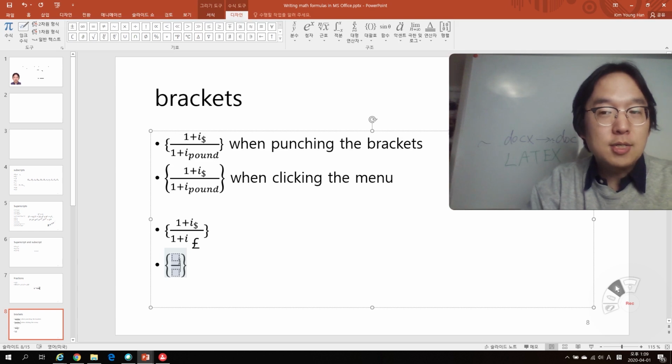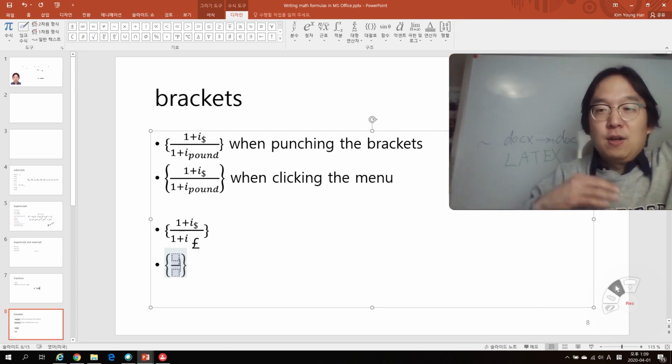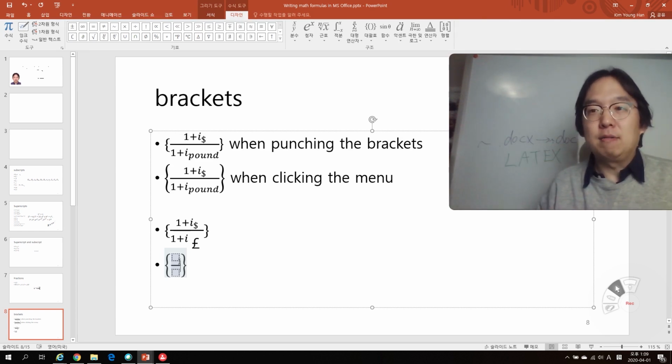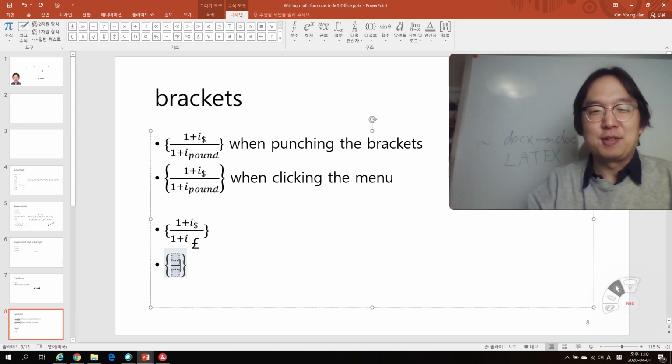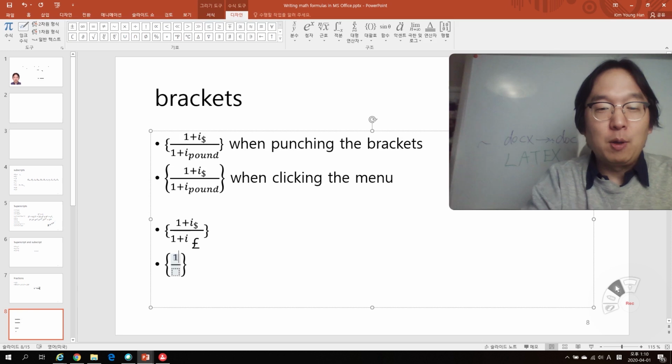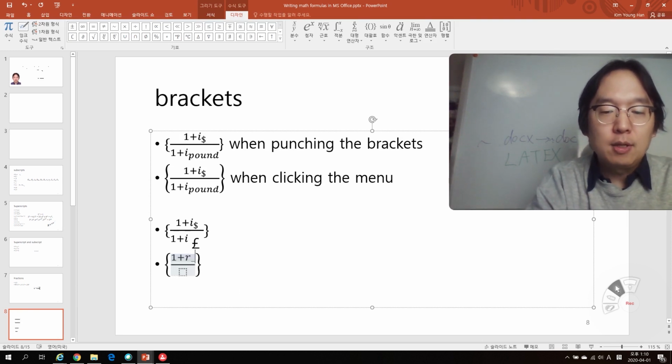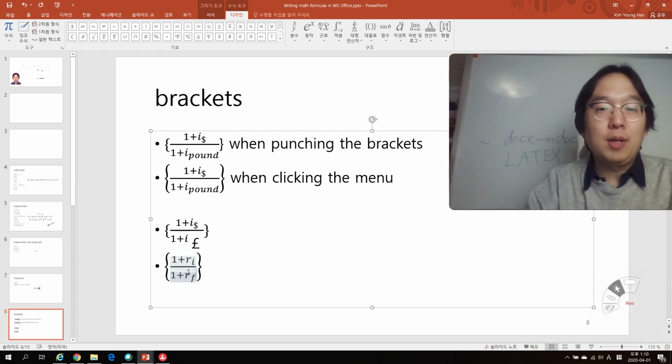And notice the height of this bracket increased from here to here, like this, right? So 1 plus, I don't know, R, okay, I, and then 1 plus R sub F, yeah, whatever it may be, okay? So you can do it like this.